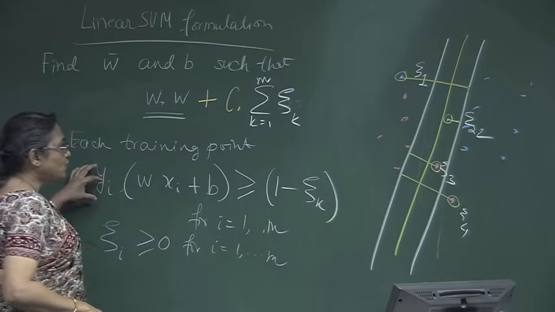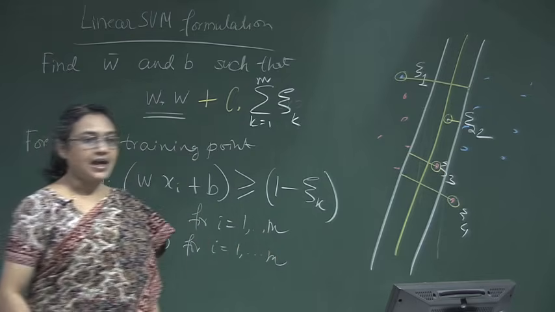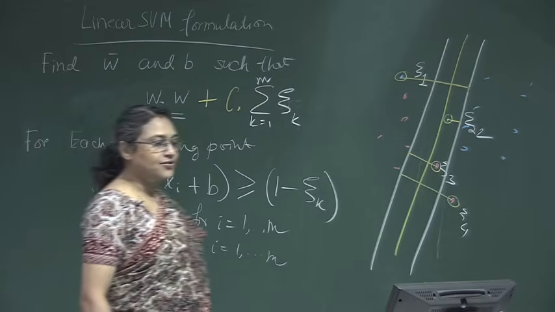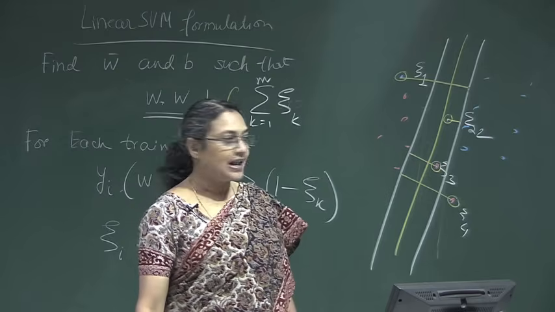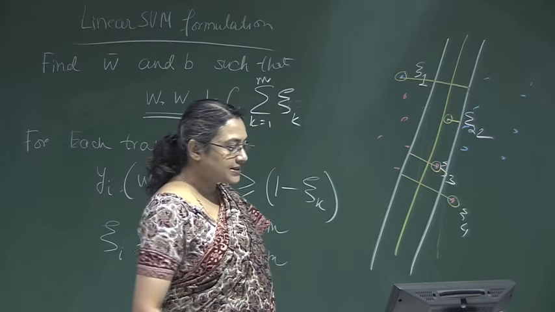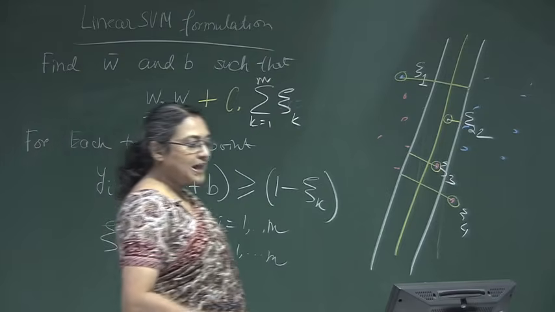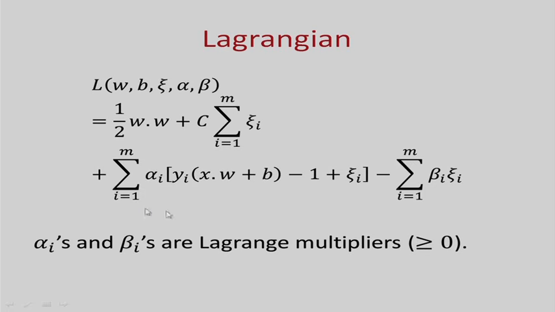So, we have 2m constraints, m constraints of this type and m constraints of this type, and therefore, in the slide we can see the Lagrangian of this quantity as half w dot w plus C sigma xi_i plus, please look at the slide, sigma i equal to 1 to m alpha_i times y_i (x_i dot w plus b) minus 1 plus xi_i, minus sigma i equal to 1 to m beta_i xi_i. Alpha_i's and beta_i's are the Lagrangian multipliers, and they are greater than or equal to 0.